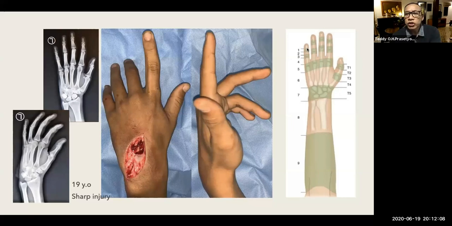The distal interphalangeal joint is zone 1. The odd numbers, zone 3, zone 5, and also zone 7, also involve the joints. This is the proximal interphalangeal joint. This is the MP joint. This is the wrist. So it's very easy then.